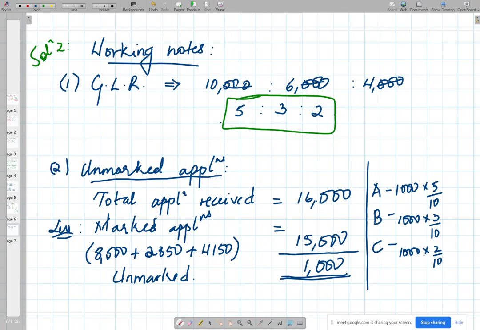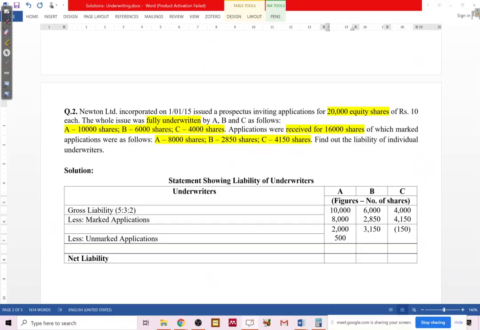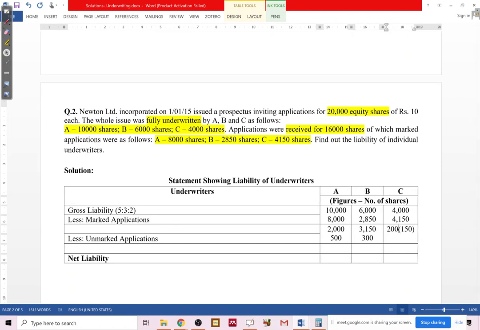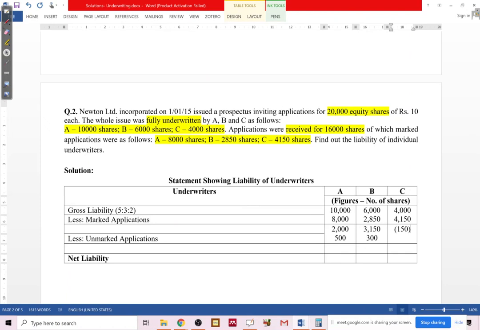So 300, and the last one will be 200, 2 by 10. Okay. So 500, 300, 200. Is it clear? So what we have done, minus the unmarked applications from whatever liability we were getting.